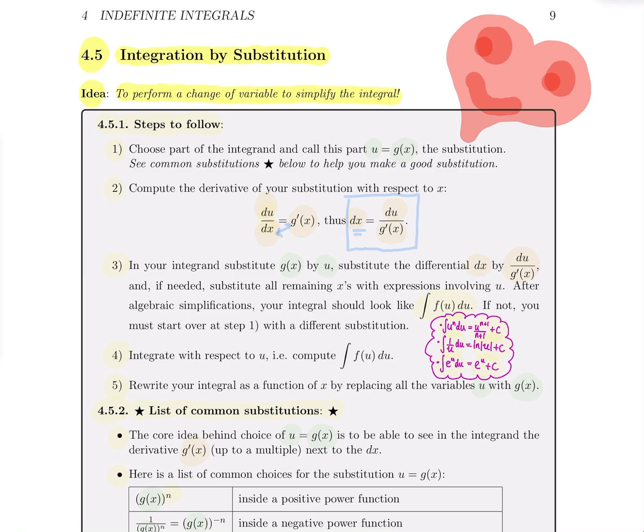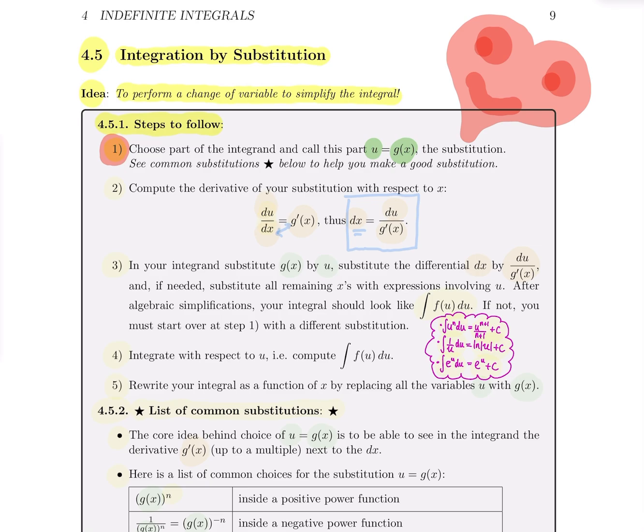So here are the steps to follow. The first step, the most important step, is to create that new formula. To make that change of variable, you need to choose a little chunk somewhere in your formula, that I call g of x in general, and you're going to call it u. And this will be your new variable.